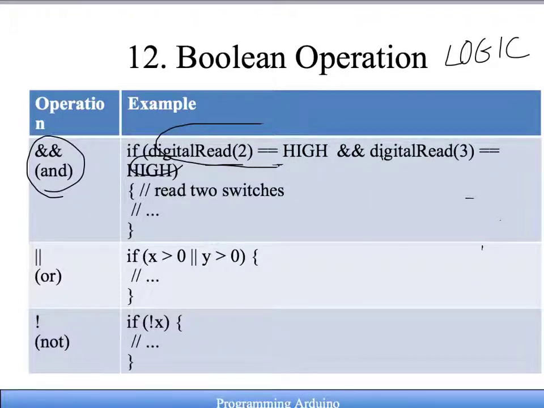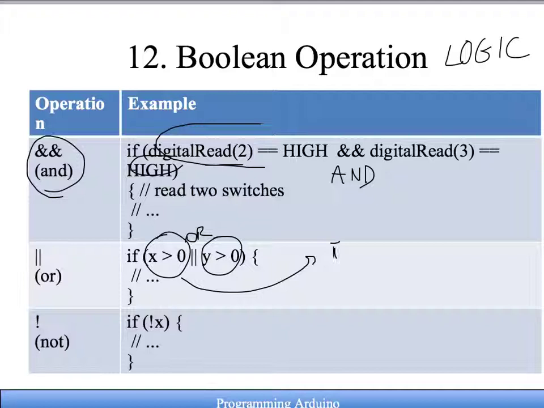The next one is OR. If the first condition is true and the second condition is false, it means that if any of them is true, it's going to be true. If both are false, it is false.